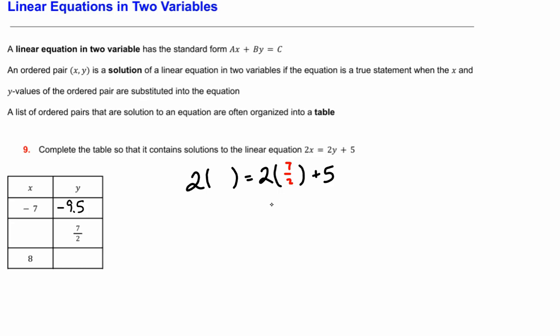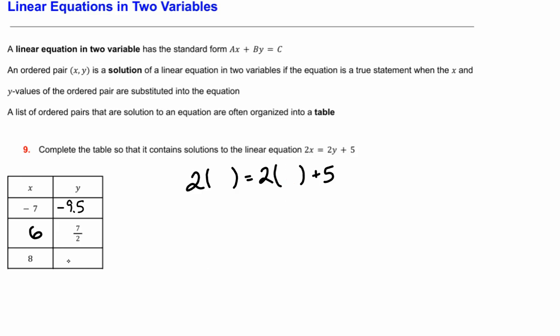So the right side of this is 7 plus 5 equals 2 times, and we don't know this x, so I'm going to leave this as x. So 2x. This then is just 2x equals 12. We'll divide both sides by 2 to try to isolate that x, and we do get x is equal to 6. So x equals 6 when y equals 7/2. That would be the ordered pair that relates to each other.